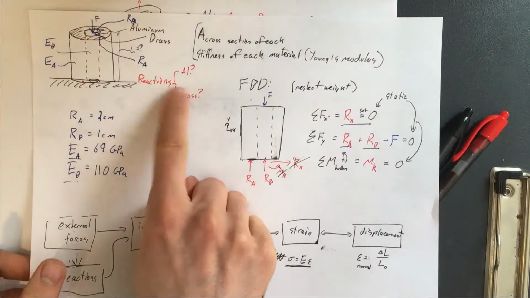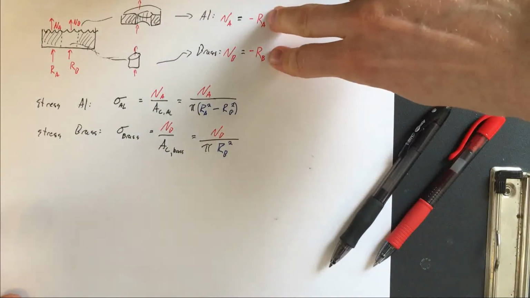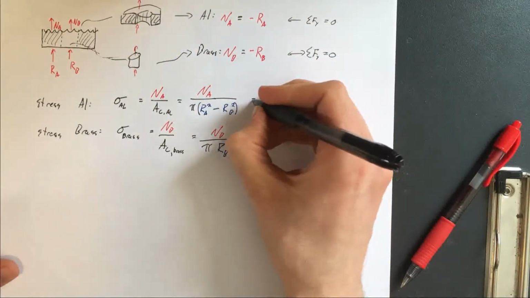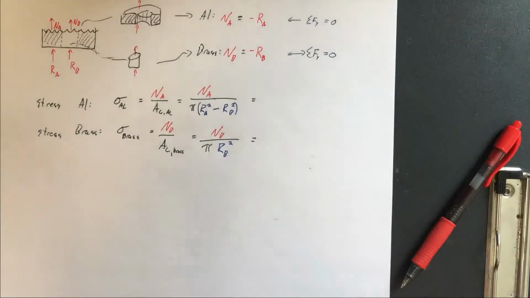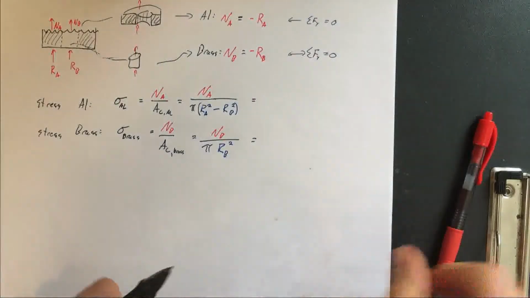So we can plug in these normal loads in terms of our reaction forces to get closer towards a relationship between what we're actually trying to solve for, which is these reaction forces.